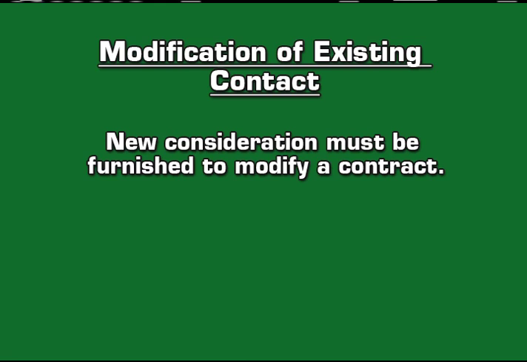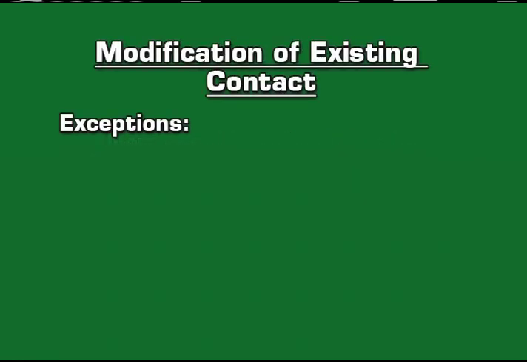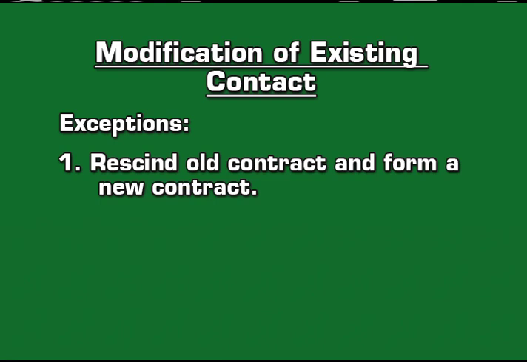However, there are a lot of exceptions to that rule. And by the way, these exceptions are often tested on the bar examination. For example, some jurisdictions and some courts in modification cases, the courts will avoid this pre-existing duty rule and enforce the modification on one of the following grounds. Number one, they will say the old contract has been rescinded and the parties have now formed a new contract.